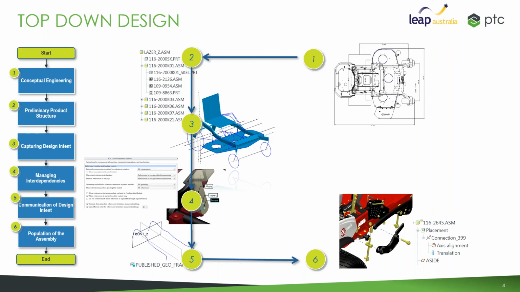The fifth stage is, of course, the communication of that information. The top-down designer can distribute the design task and the geometrical functions to individual group or team members using publish geometry and copy geometry functionalities within Creo. It will reduce the design complexity and improve the quality of the design. And in the end, once all these stages have been completed, designers can then work on the individual components and finish the design.